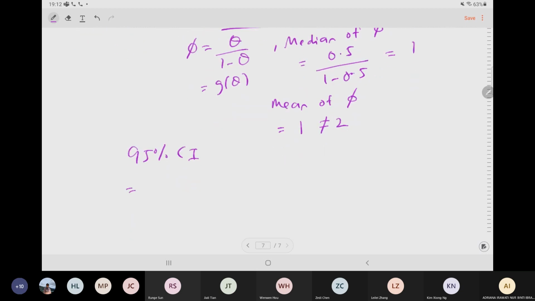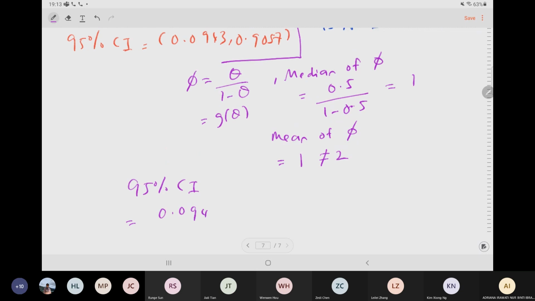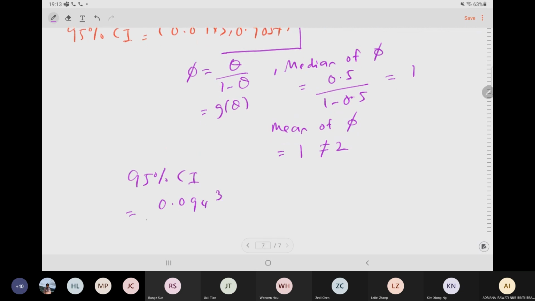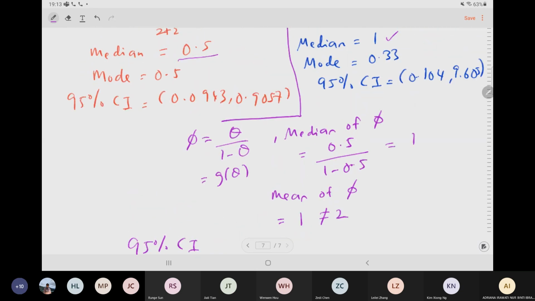If I put 0.0943 into the formula, 0.0943 over 1 minus 0.0943, this will be equal to 0.1041.